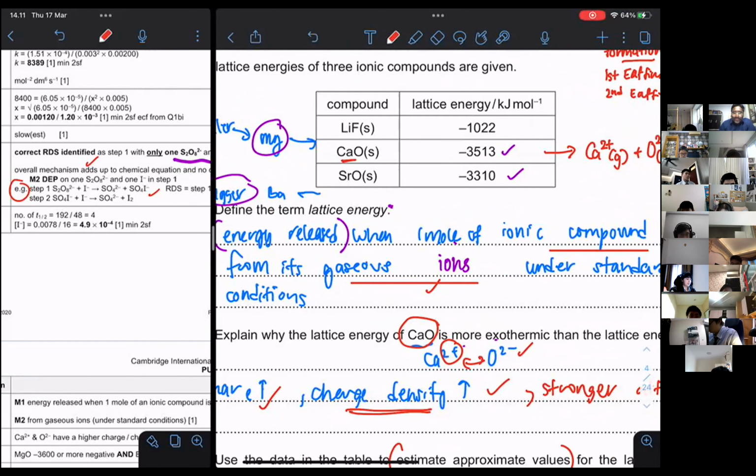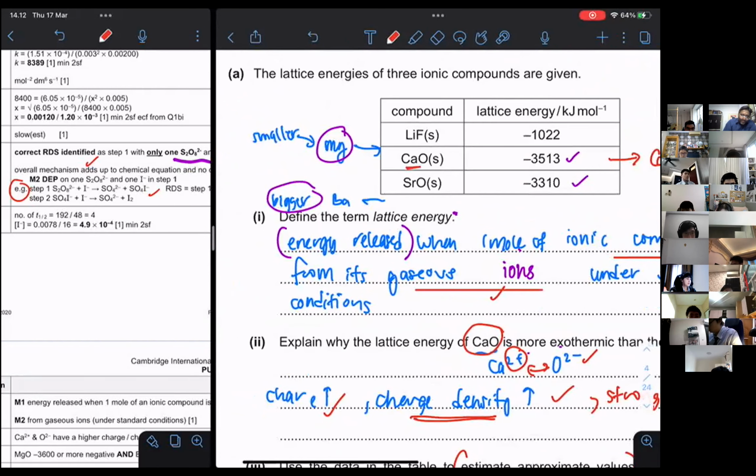If the radius is smaller, we know the charge density, which is charge divided by radius, is greater. If your charge density is greater, they can form stronger attraction, which means they will release more energy than this value.